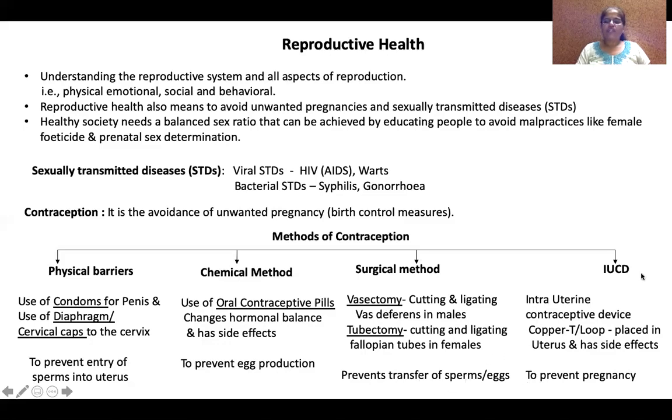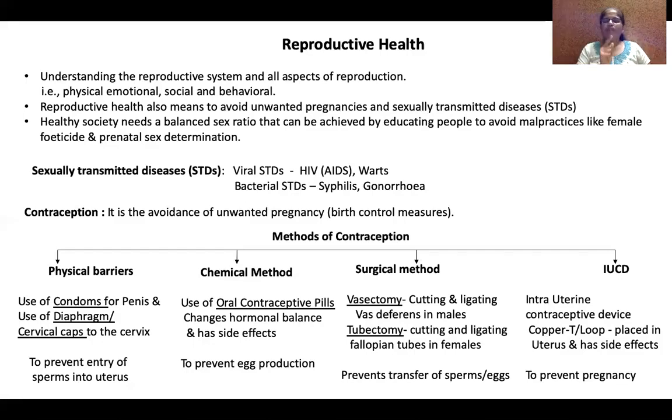The fourth is IUCD. This is intrauterine contraceptive device. Intrauterine contraceptive device. ಅಂದರೆ ಇಲ್ಲಿ ಕಾಪರ್ ಟೀ ತರ ಹಿಂಗೆ ಟೀ ತರ ಒಂದು ಮೆಟಲ್ ಇದಿರುತ್ತೆ, ಪ್ಲಾಸ್ಟಿಕ್ ಅಥವಾ ಮೆಟಲ್ ಫ್ರೇಮ್.